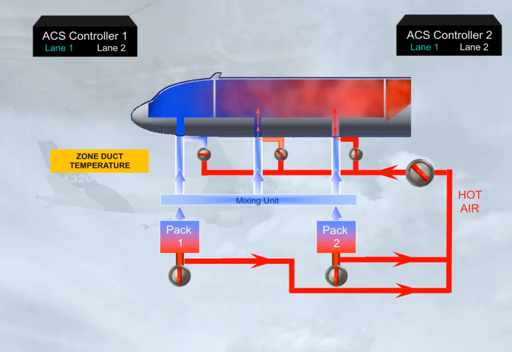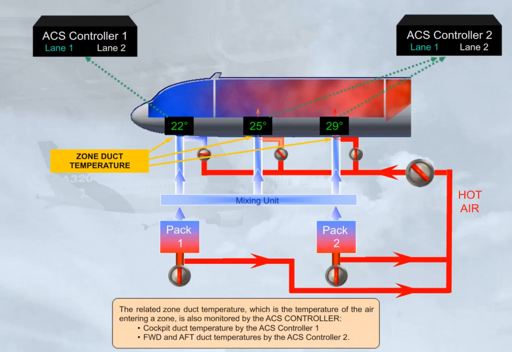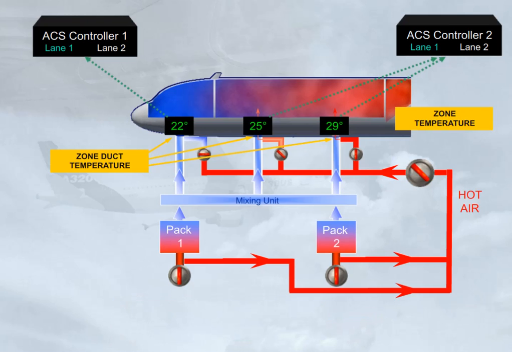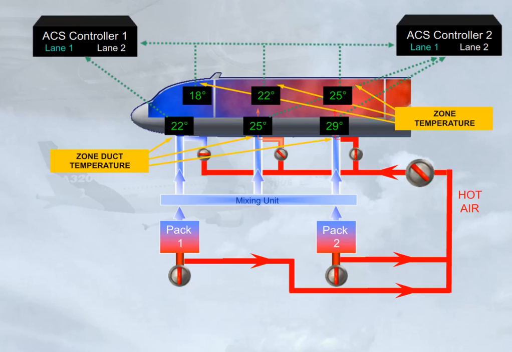The related zone duct temperature, which is the temperature of the air entering a zone, is also monitored by the ACS controller. Cockpit duct temperature by the ACS controller 1. Forward and aft duct temperatures by the ACS controller 2. The related zone temperature, which is the temperature of the ambient air, is also monitored by both ACS controllers.